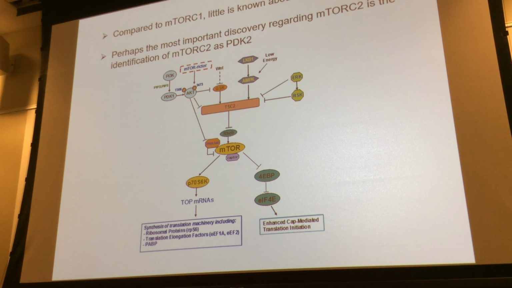That's probably the most important finding in terms of basic science, in terms of signaling regarding mTORC2. They solved the puzzle. So this is PDK2, which phosphorylates AKT on another site, 473. That's why the phosphorylation of 473 is a readout for mTORC2 activity.